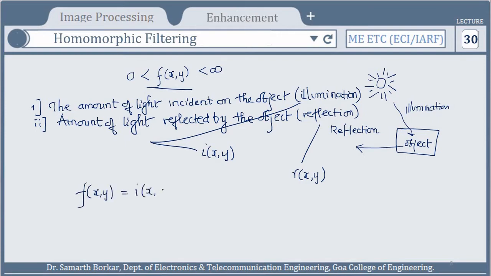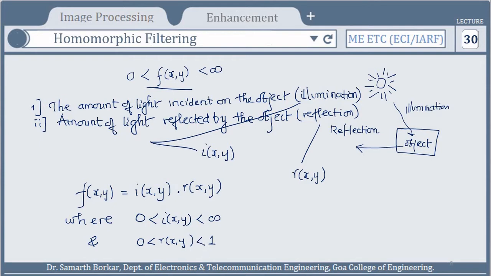So we have I of x comma y into r of x comma y, where I of x comma y is greater than 0 but less than infinity, and r of x comma y is greater than 0 and less than 1.